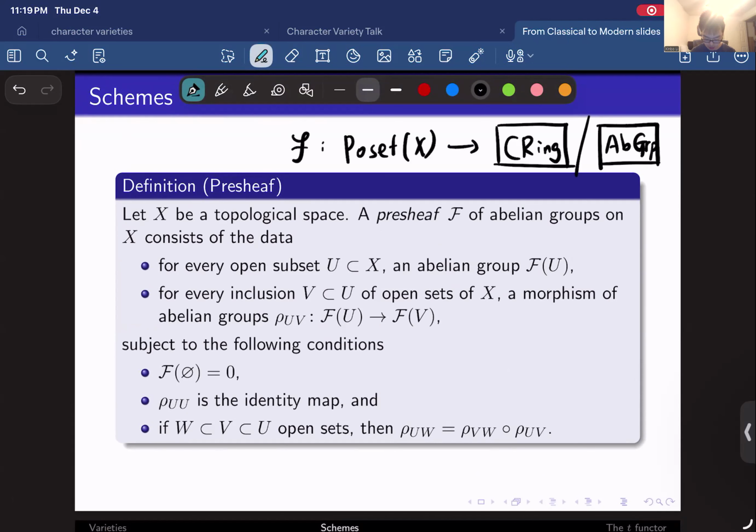They're really the same, but because it's contravariant, if you want a covariant functor, you put an op. If you say it's contravariant, then you don't have to use the opposite category. The poset structure is given naturally by a partial order from the inclusion relation. So V is smaller than U if and only if V is included in U.